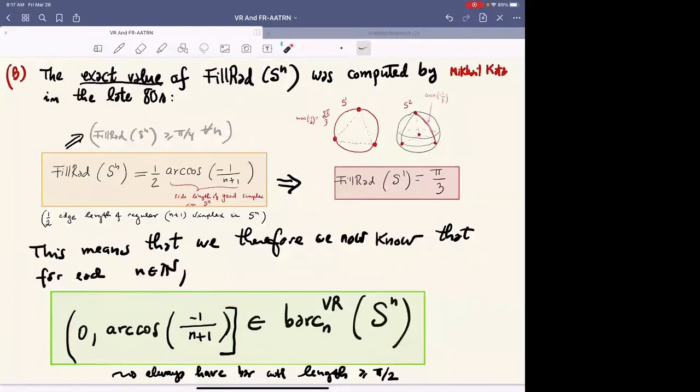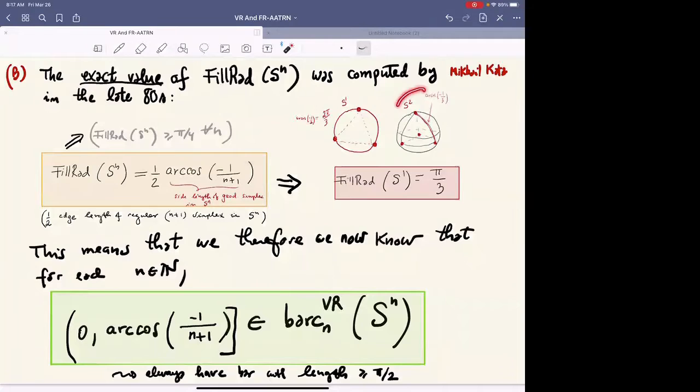So let me say what this number is. Katz proved that the filling radius of Sn is 1/2 of the side length of a regular geodesic simplex inscribed into Sn. So, for example, for n equals 1, you have 3 points, and arccosine of -1/2 is 2 pi over 3, which coincides with the number computed by Henry and Adamaszek.